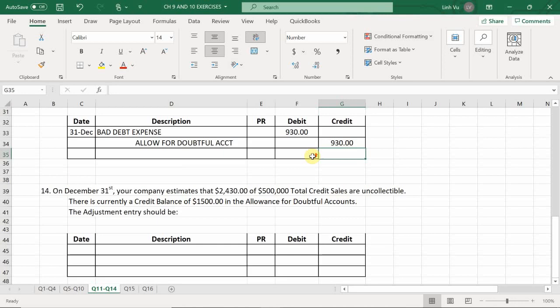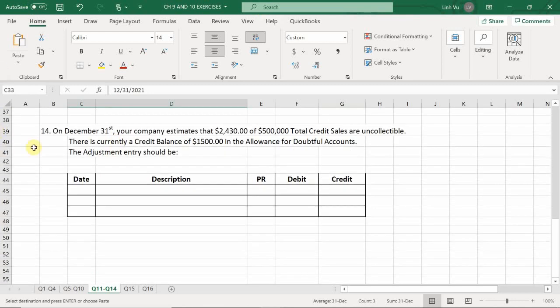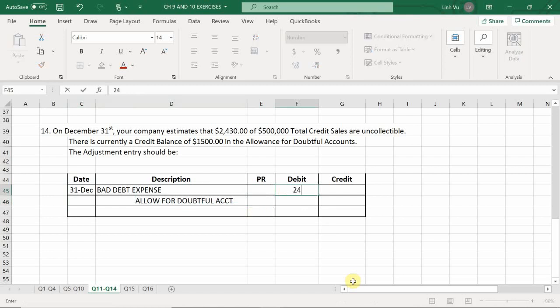So if you're able to recognize that and just stop there, then all you need here is just the estimated amount, because that's the rule here. The journal's going to look the same, but it's going to be for the estimated amount of $2,430.